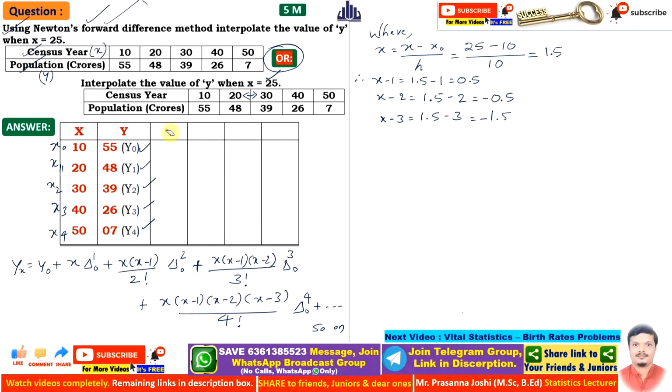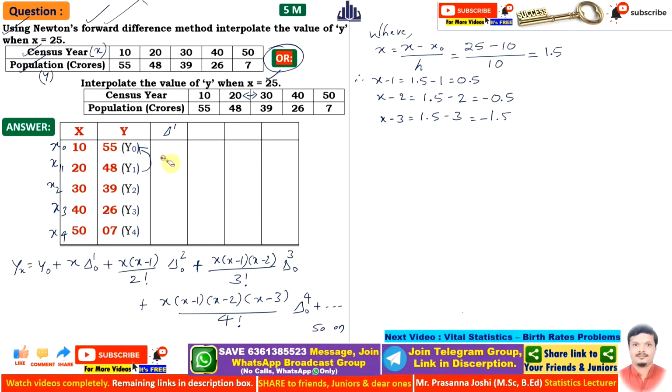So let's concentrate on the forward difference columns calculation, that is delta 1. This is the first order difference column. How to calculate those first order differences: these y values are to be considered. From the second value, the first value has to be deducted. That means 48 minus 55.